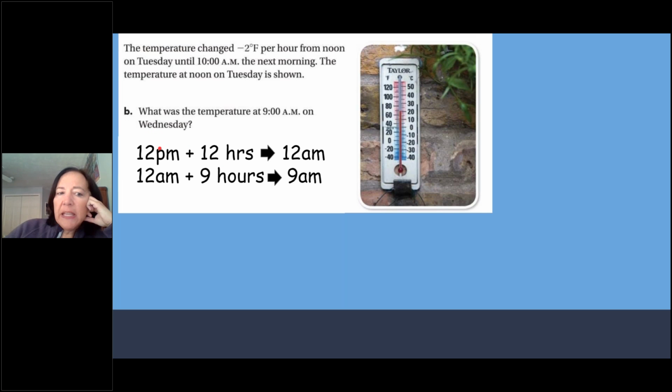From 12 p.m. to get to midnight. So from noon until midnight, 12 hours passed. Then we go about 9 o'clock the next morning. So from midnight until 9 a.m., another 9 hours passed.